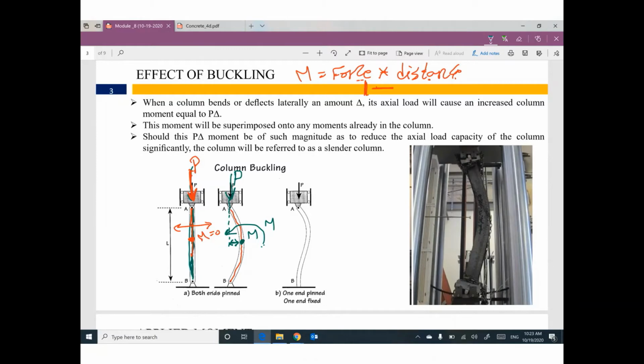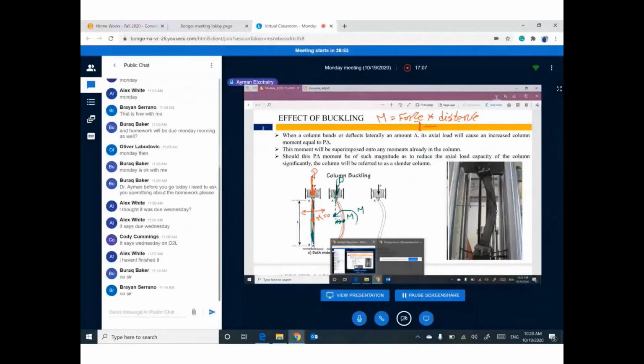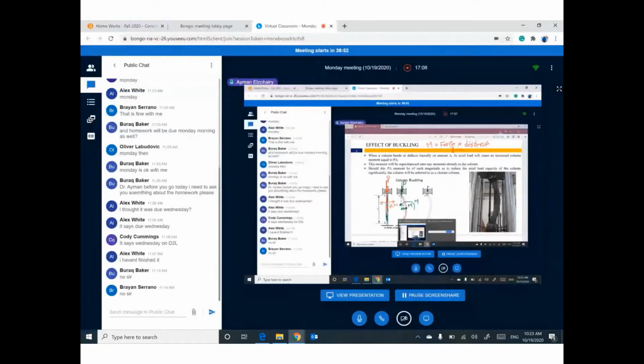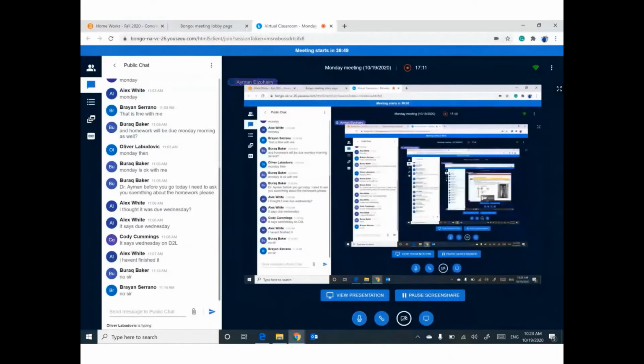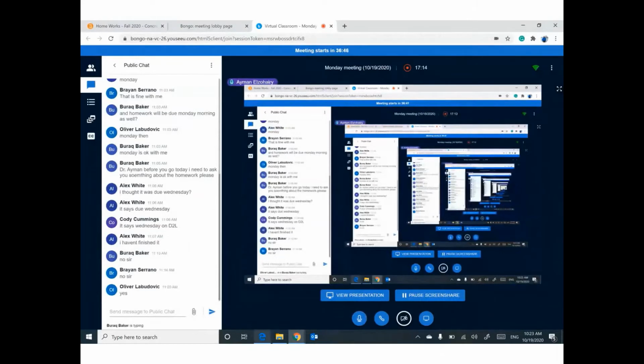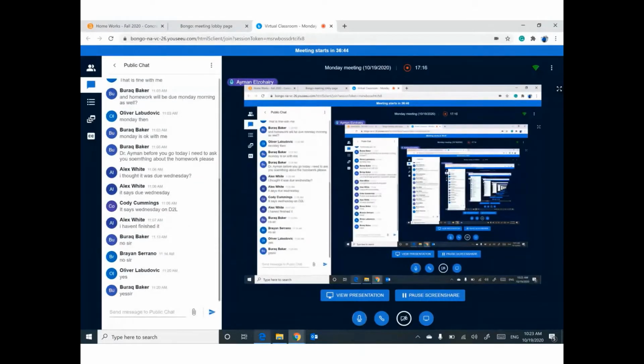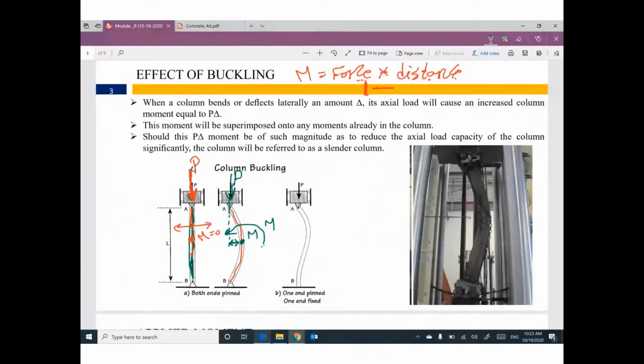So, did you get the meaning behind buckling? Buckling will create moment. In real life, in the normal philosophy of a column, if the load passes through the column, we don't have moment.